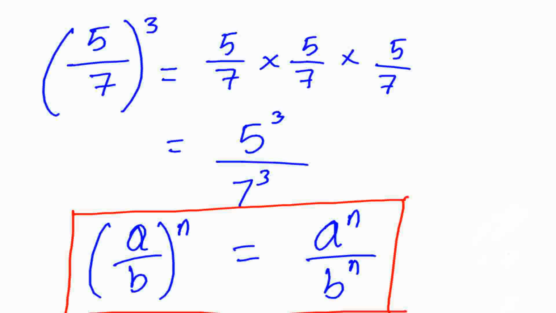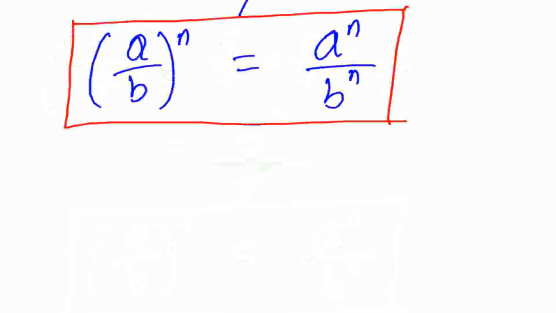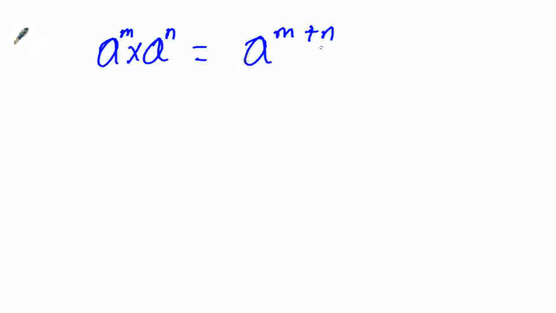So, a summary is, the first one is when you multiply numbers of the same base, you add the powers. So it is A power m plus n. This is our first one.